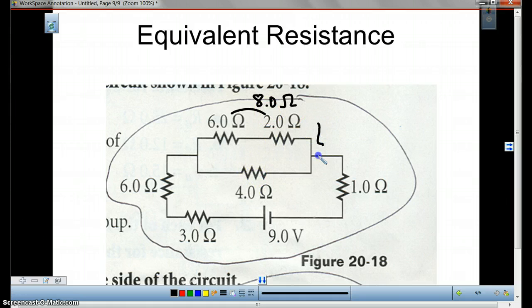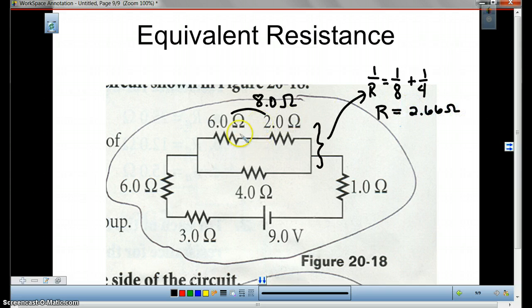So what I'm going to do for this is find the resistance by taking 1 over 8 plus 1 over 4. And what I get for this little chunk is 2.66 ohms, because these two are in parallel. Now the 3, the 6, the 2.66, and the 1 are in series.